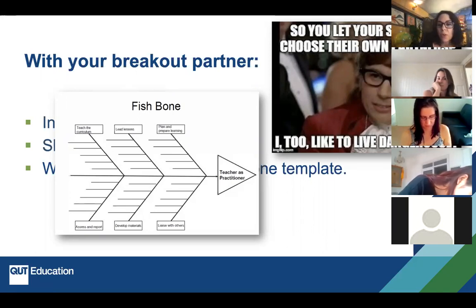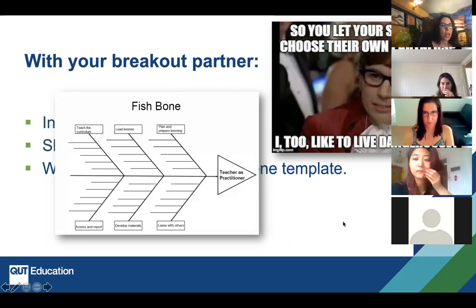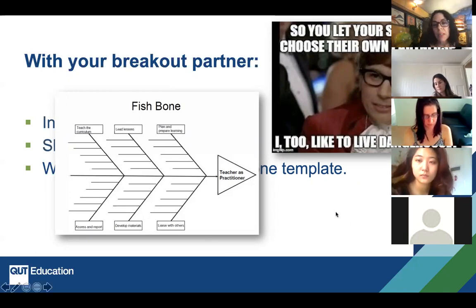And for some of you, it may have been hard to fit the meme into a category. Did any of you find that? I guess in some ways, this is because the memes generally are quite unrealistic in terms of representations of teachers, or they have fairly minimal depth because they are memes. So don't feel bad if you couldn't fit that into the fishbone template.